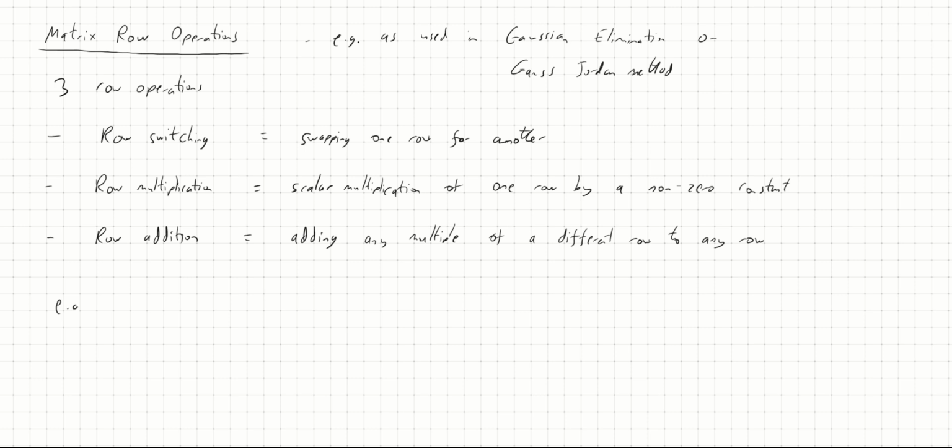So, e.g., often we have an augmented matrix and aim to use row operations to obtain the form. We'll look at 3x3 here.